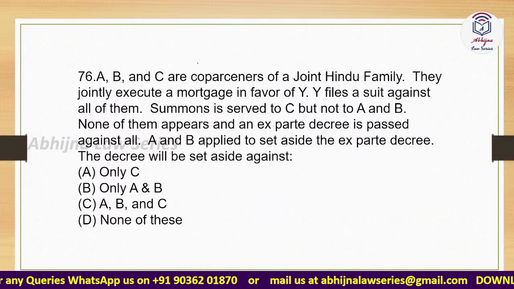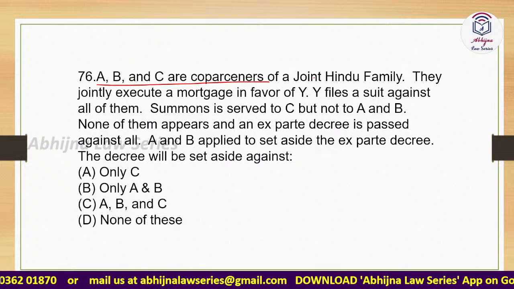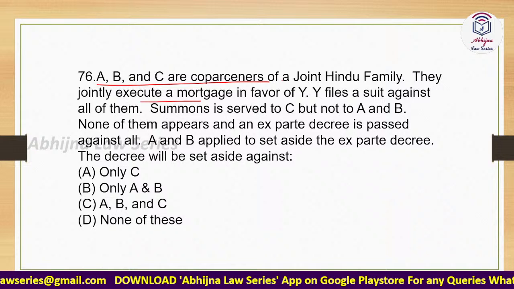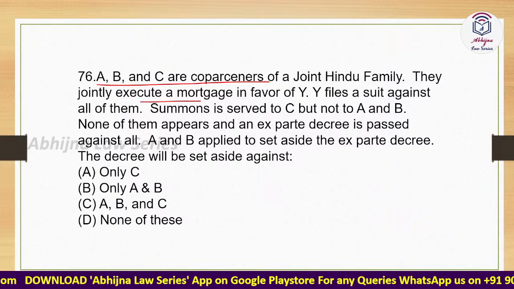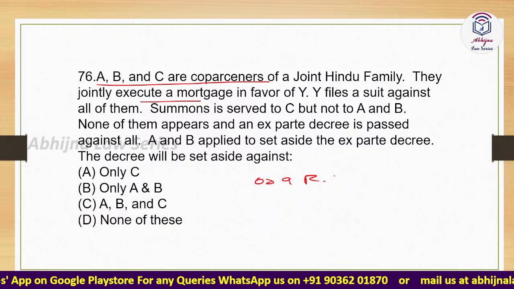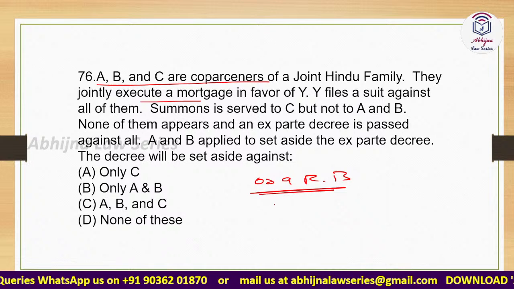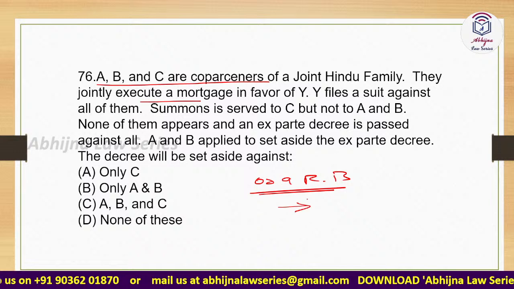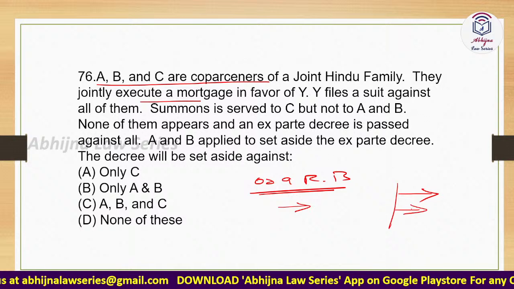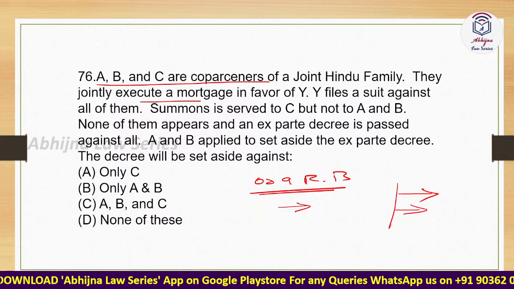Next one, A, B and C are co-partners of a joint Hindu family. They jointly execute a mortgage in favor of Y. Okay, this is a question regarding setting aside an ex parte decree. Whenever it is Order 9 Rule 13 of CPC, the question is regarding this. Whenever there is an ex parte decree, that can be set aside by the ex parte defendant by saying that he did not receive the summons, or that sufficient cause was there for him not attending the court.